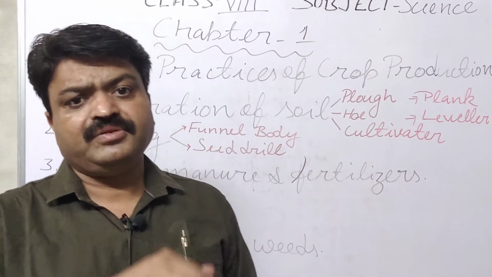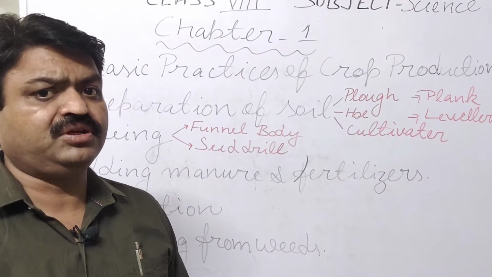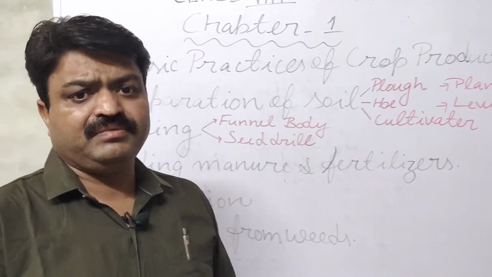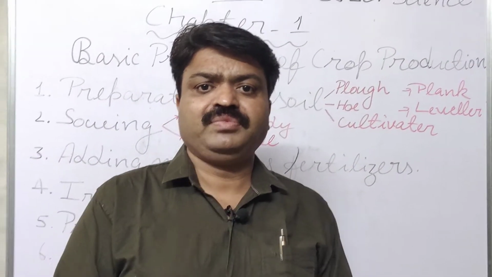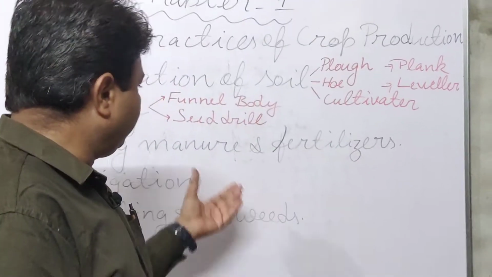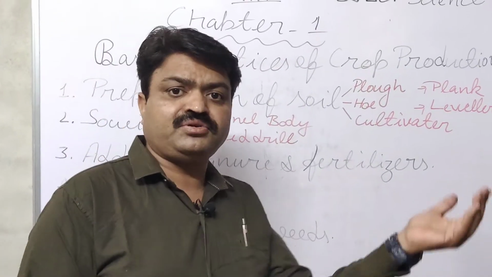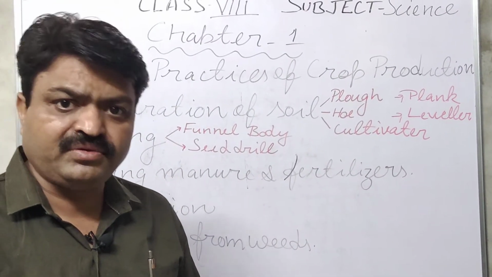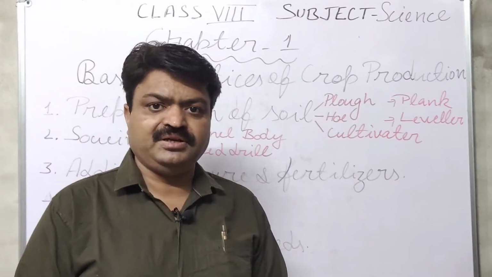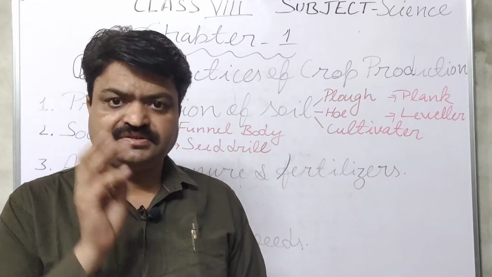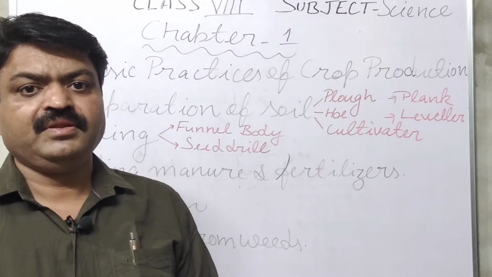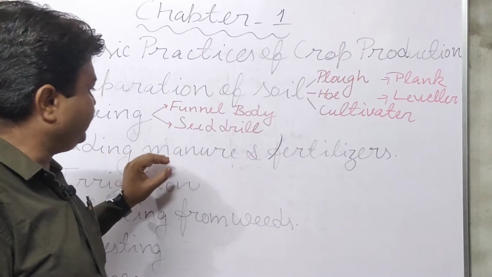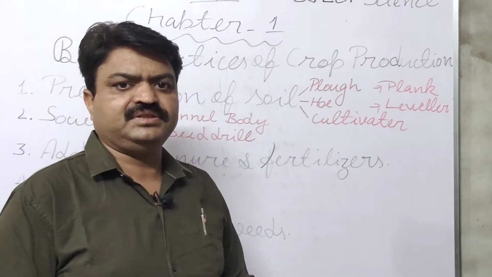Because they don't provide humus to the soil, student, and they also disturb the natural composition of the soil, and both are utilized to increase the nutrients in the soil. There are three important nutrients needed by the plant mainly, student: nitrogen, phosphorus and potassium. And all these nutrients can be provided with the help of manure and fertilizers.